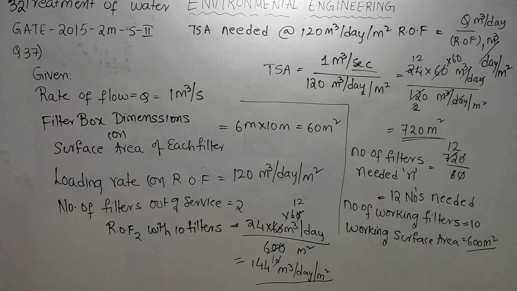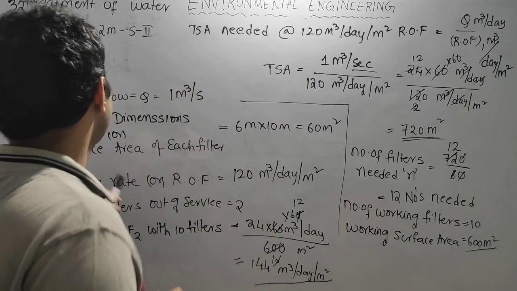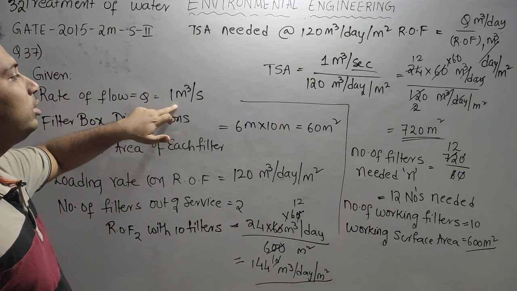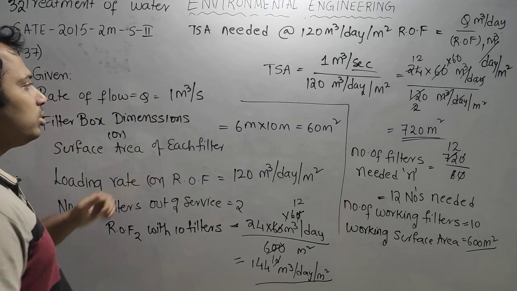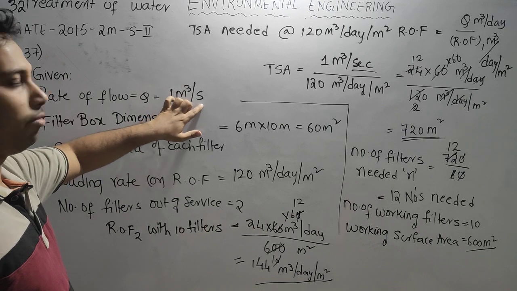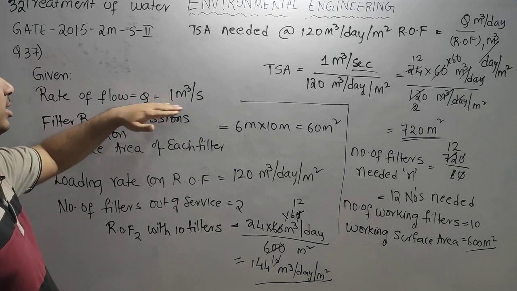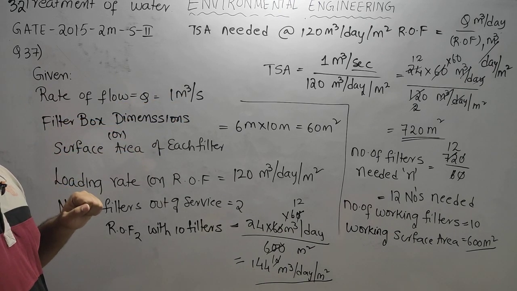Am I clear? Let me explain once again, this is a little tricky question. The rate of flow needed to supply to a community is 1 meter cube per second. So a community needs 1 meter cube of water every second, and to supply this much, we are having filter boxes.